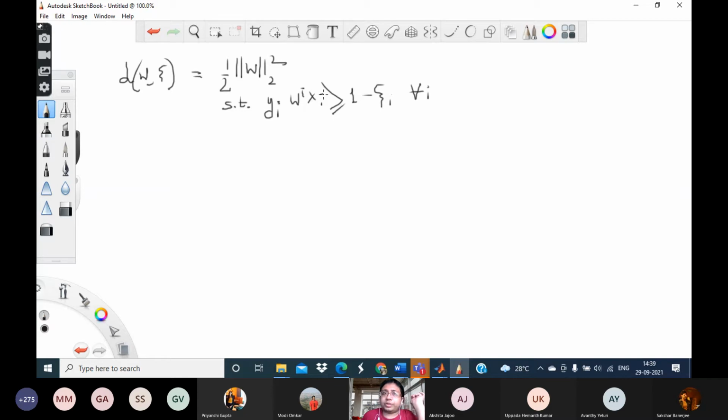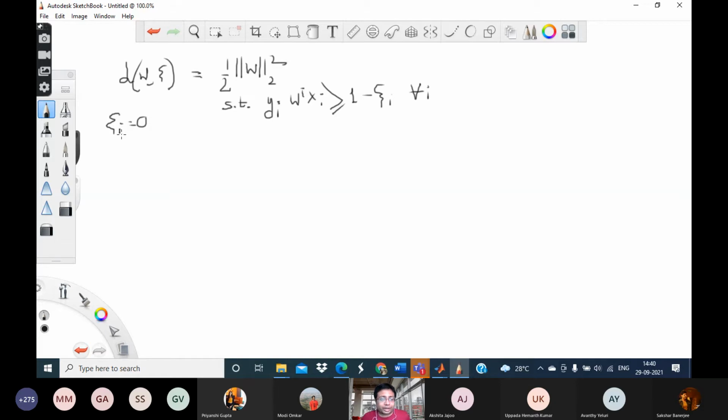Now one more thing we need to keep in mind. We have already discussed that for correctly classified points xi is 0, and whenever xi takes some value, that means the corresponding data point is misclassified, either with respect to only the marginal classifier or with respect to the optimal classifier also.